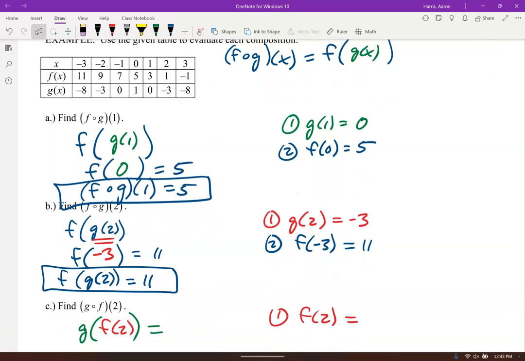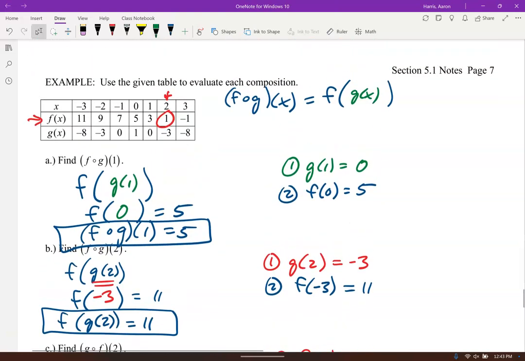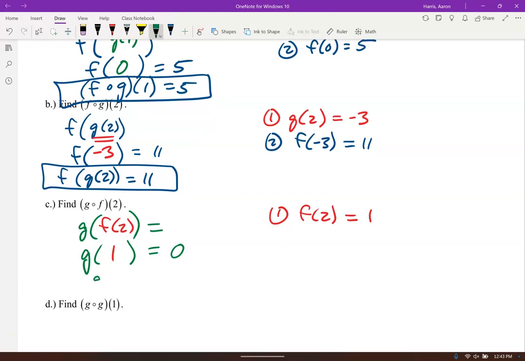F of 2 is 1. So now we're finding g of 1. Going back up, g of 1 is 0. So in other words, g of f of 2 is 0.